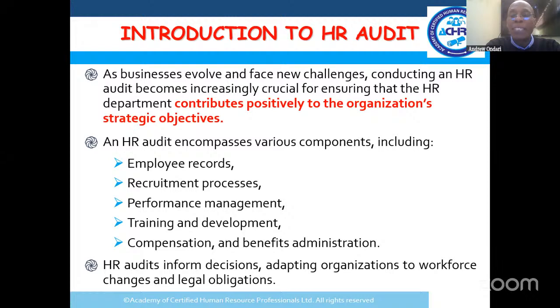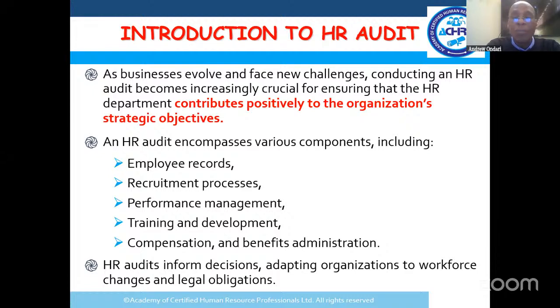It encompasses those components that you can see from your screen, one of which is employee records. When you are auditing the HR function, there are several records and documents that we keep, which help us to navigate this landscape of HR. There are various records related to employment, which I will be mentioning as we move on.